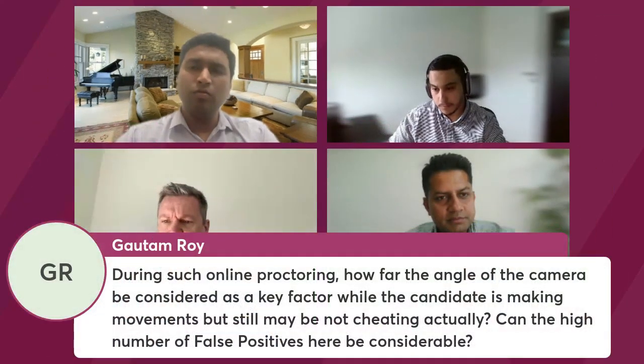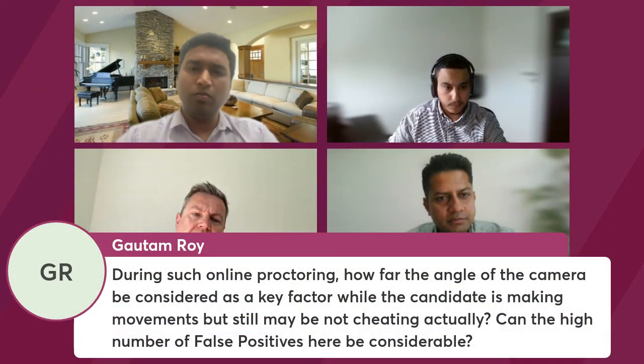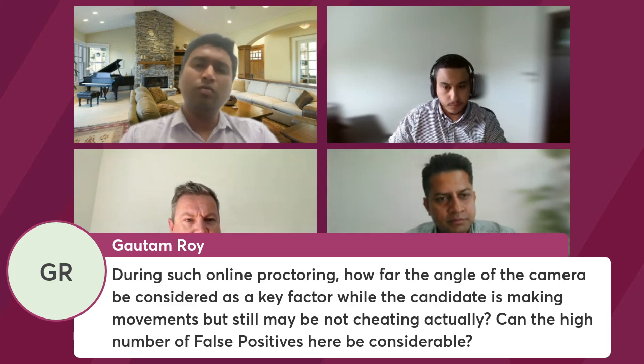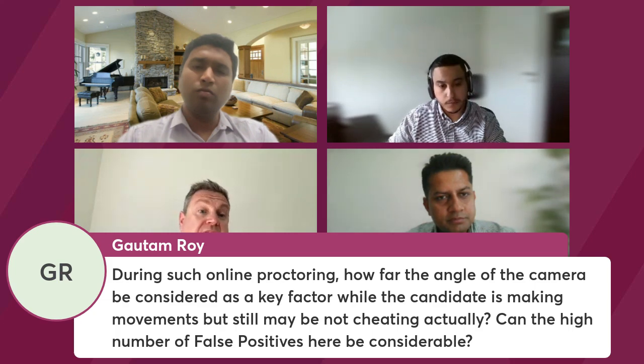And another question from Gautam Roy is about people making movements. There was an example I was discussing with someone about a person with autism, whose head might move a lot more than someone who didn't.